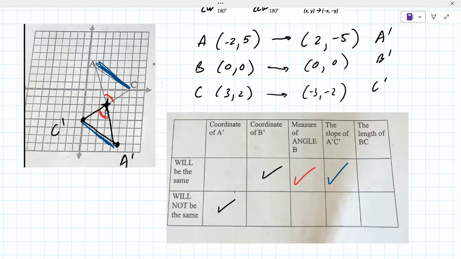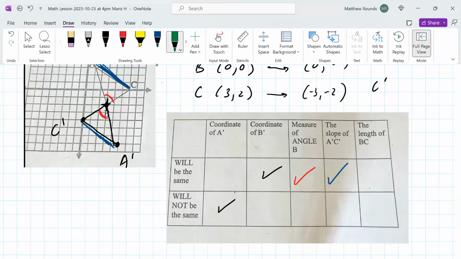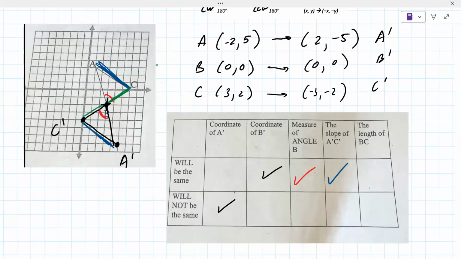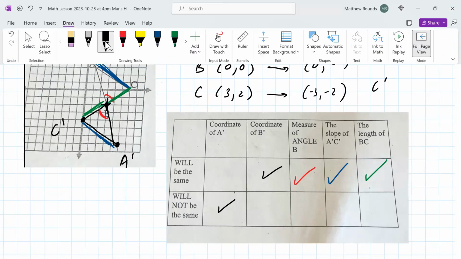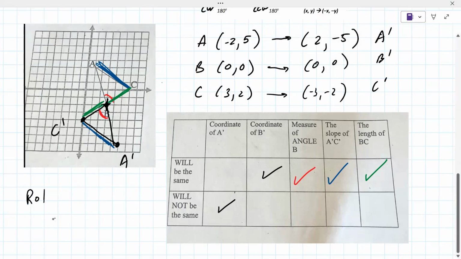Okay. And then the length of BC compared to B prime, C prime, I guess. Those also look to be the same. So the idea here, which I'm only sort of hypothesizing, is that your teacher wants you to see that in the rotated triangle, the angles are the same and the sides are the same.